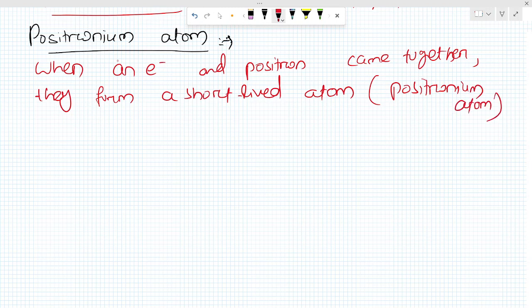Short-lived means its lifetime is so small. Is it clear to you? In it, both the electron and positron revolve around their center of mass.